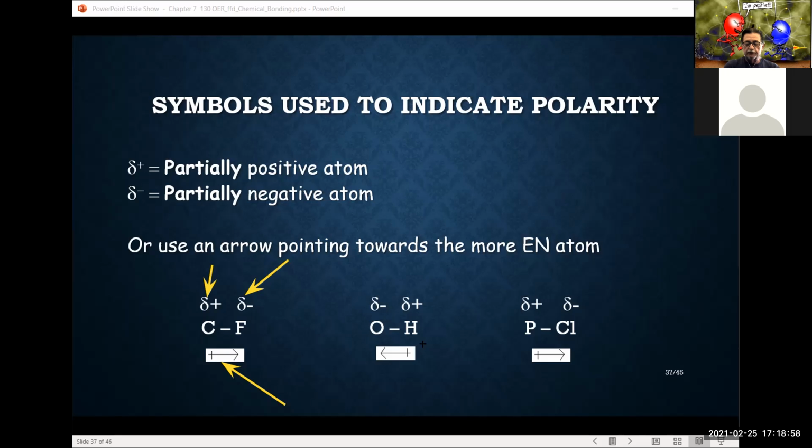If we look at the center example, we got an oxygen and the hydrogen. The polar bond, the arrow goes from right to left. There's a partial negative on the oxygen and a partial positive on the hydrogen. Now you can imagine here that you got a partial positive and a partial negative. Guess what?